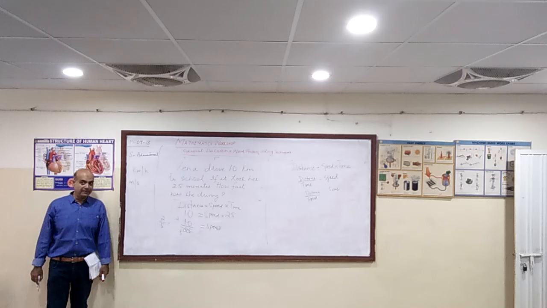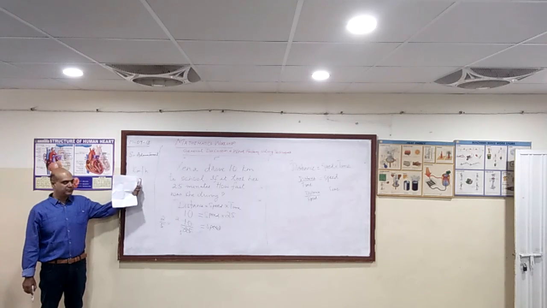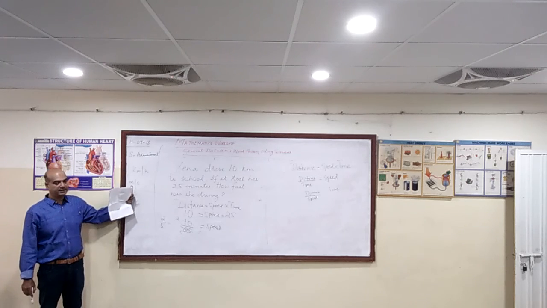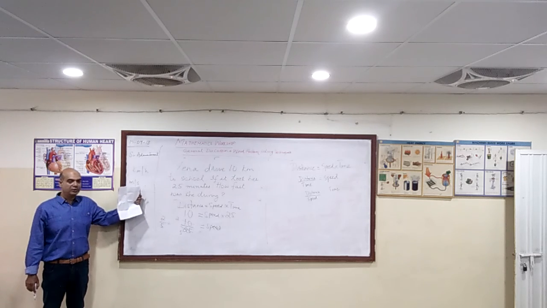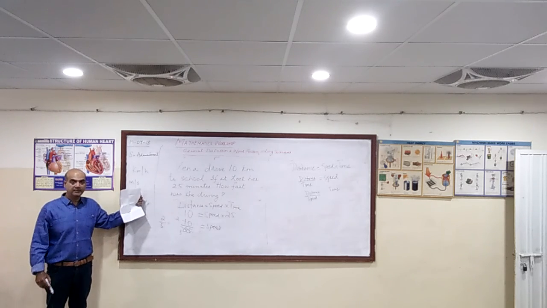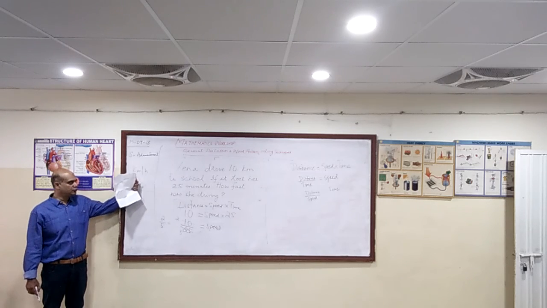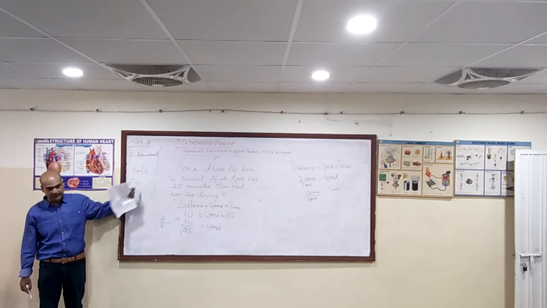So generally, whenever we write kilometers, the time should be in hours. If we specify the distance in meters, then the time should be in seconds, because it will make more sense when you use the correct units of measurement for comparison.